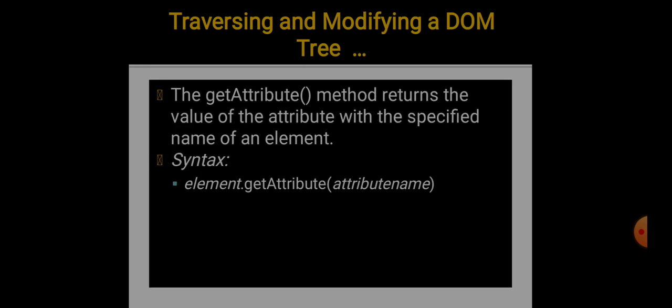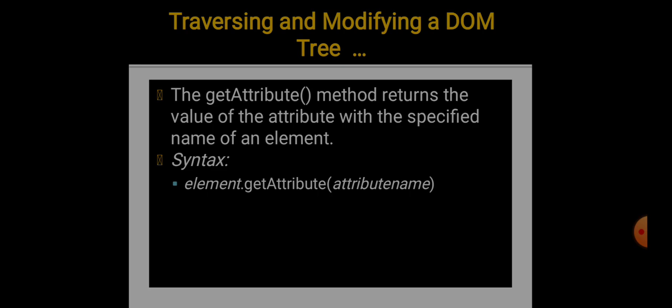Then another function, getAttribute, returns the value of the attribute with the specified name of an element. If you want to get an attribute value of a particular HTML element, you can use this function. Its syntax is element.getAttribute of attribute name, which will return the attribute value corresponding to this name.